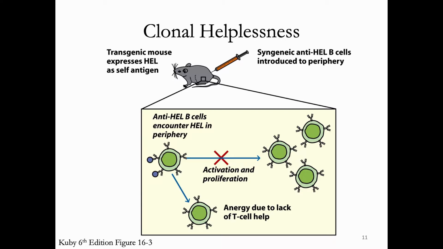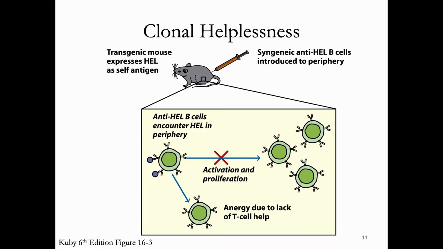It might require T cell help. It will present its antigen on class 2, be ready to go, be looking for that CD4 T cell, CD40 ligand interaction, and it'll get nothing. That B cell will be helpless, and that B cell will either be anergized or at the very least will not get activated.